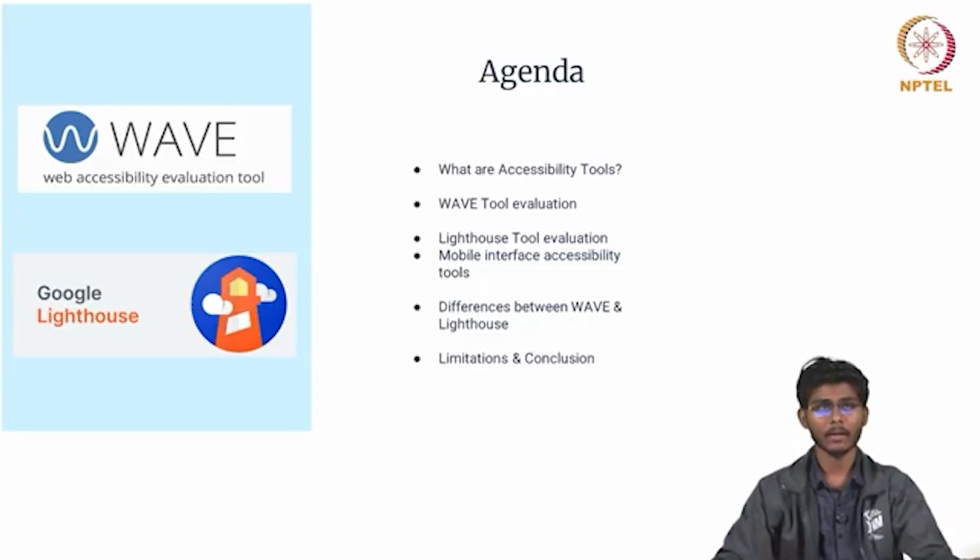And at the end of the session we can also compare what the general differences between these tools are, if any tool provides a more effective generated report than another tool, or what the similarities are, and who benefits from these tools, and also what the limitations are.